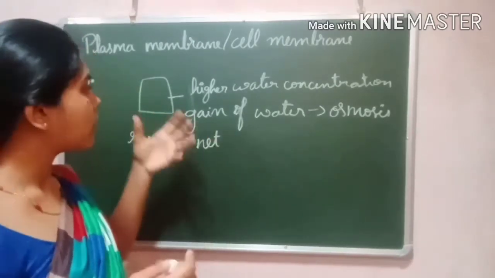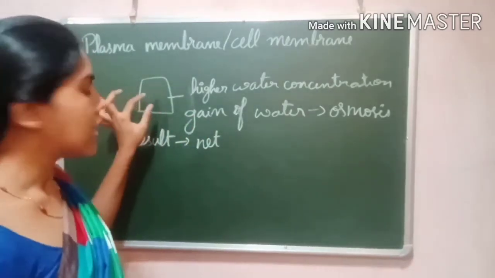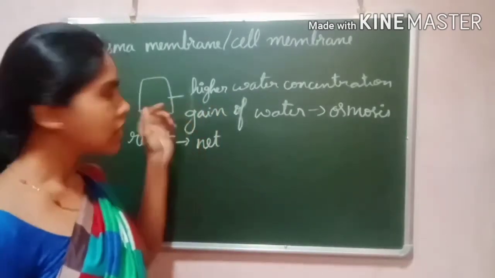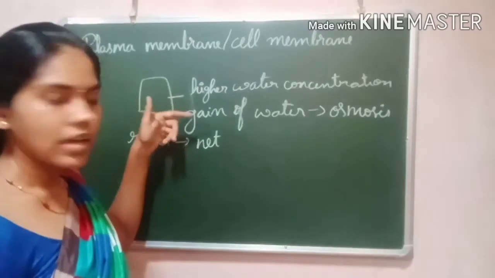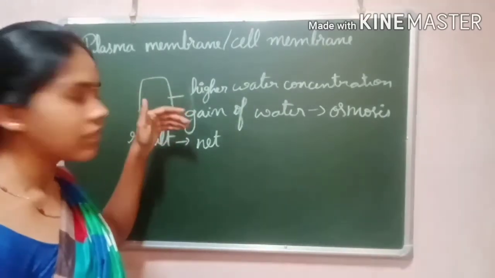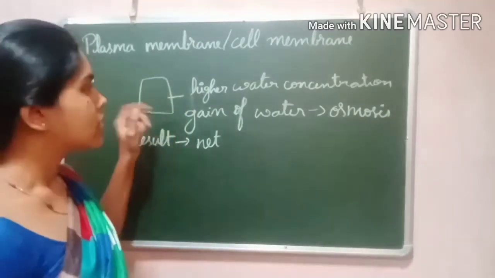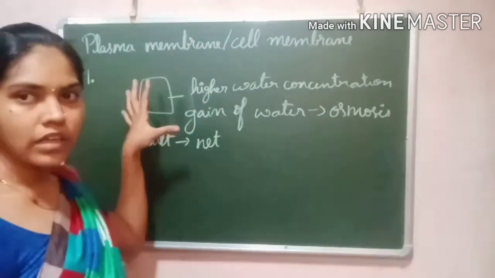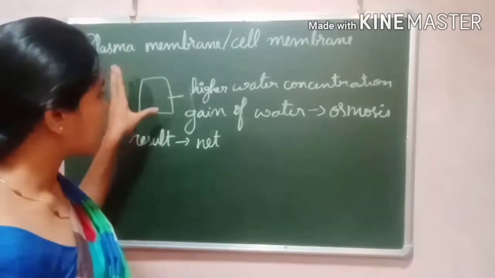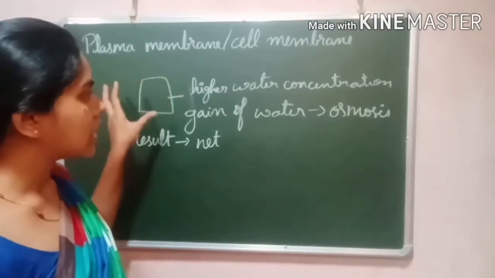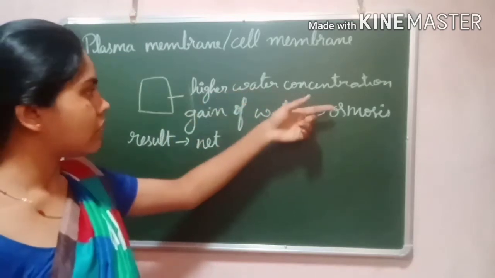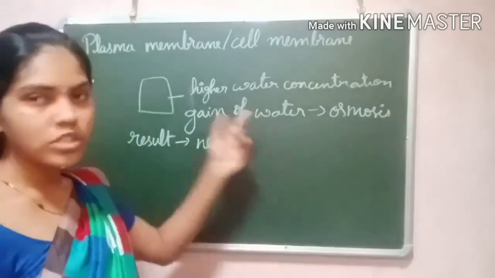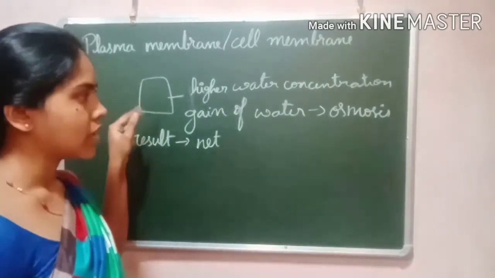The amount of water molecules entering the cell is more compared to the amount exiting from the cell. So that is the first case. Whenever the medium surrounding the cell has a higher concentration of water, there is a gain of water molecules by the osmosis process into the cell.